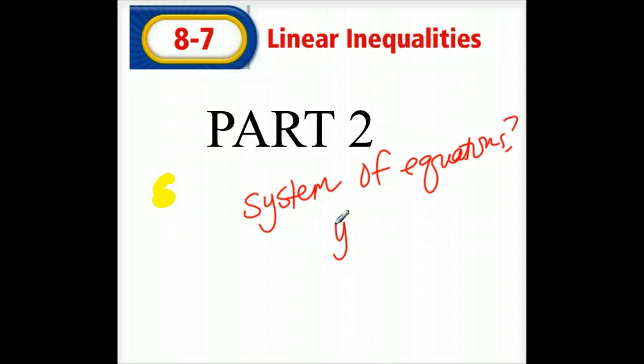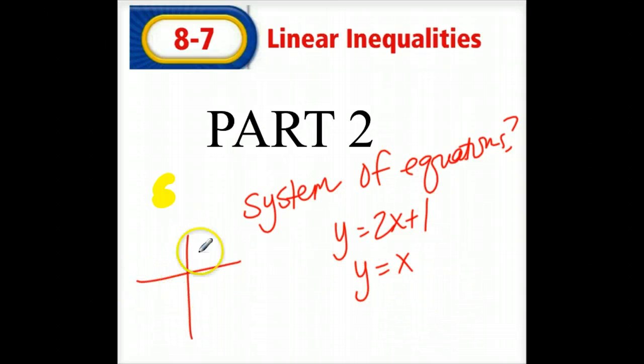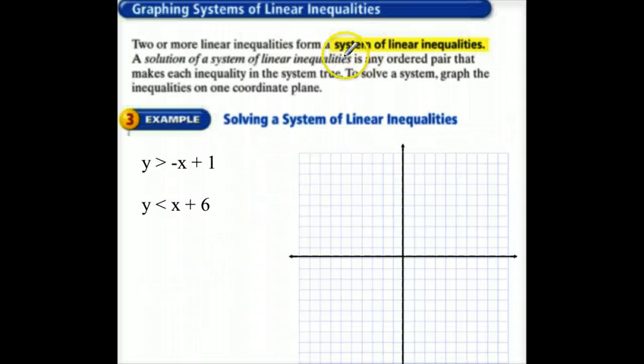That's when we had two equations like y equals 2x plus 1 and y equals x. To find their solution, we graphed the two lines on a coordinate plane and looked for their intersection point. All right, so in this lesson, we now have a system of linear inequalities.